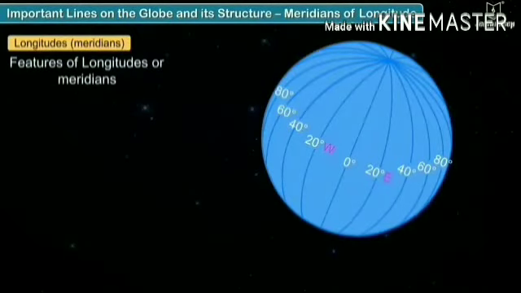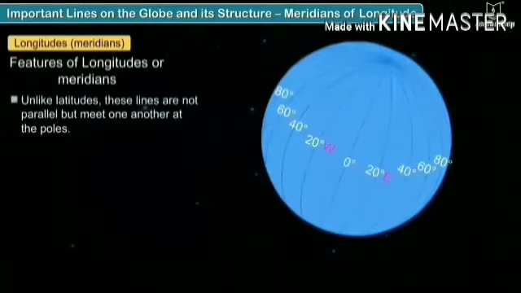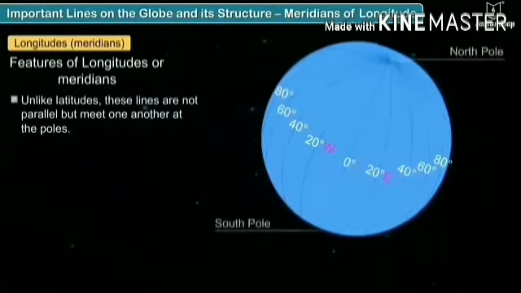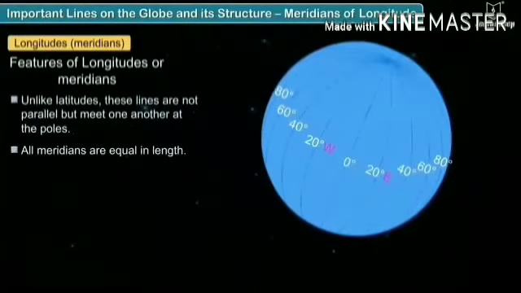Features of longitudes or meridians. Unlike latitudes, these lines are not parallel but meet one another at the poles, North Pole and South Pole. All meridians are equal in length.